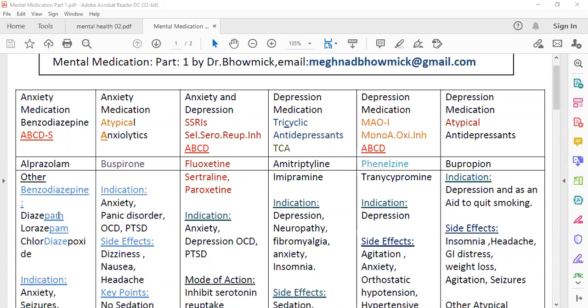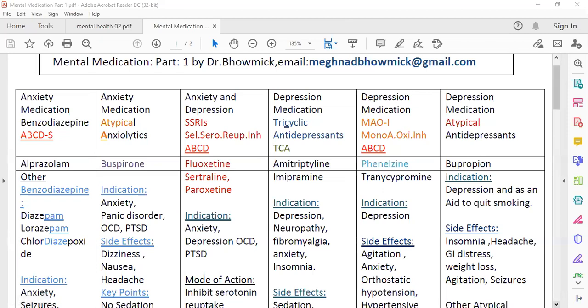Like diazepam, lorazepam, clonazepam, or chlordiazepoxide. I said the medications that end with -zepam are the members. A few more examples are clonazepam, lorazepam, or temazepam. They are also members of this group.